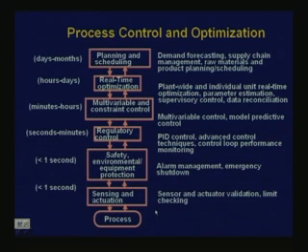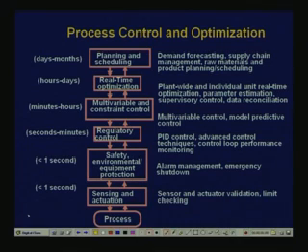So, this is a picture which shows the kinds of technologies that are typically used in a process control situation, not a discrete manufacturing scenario, and also the time scales that I was talking about.